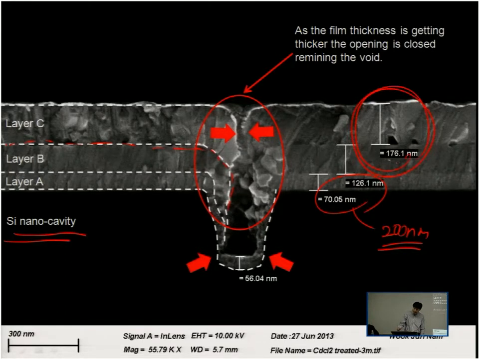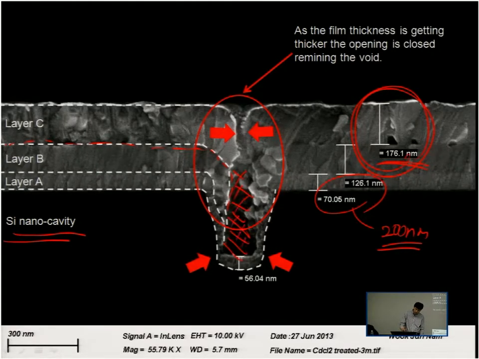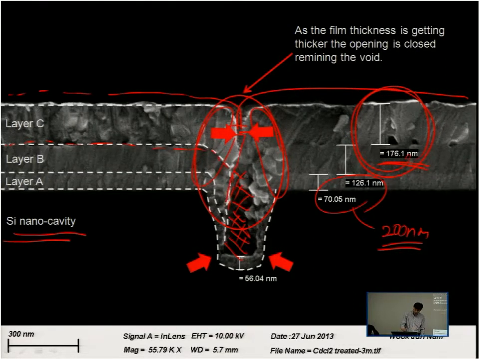If we add about 200 nanometers more film, instead of further filling these void structures, the film just accumulates in the openings, and eventually these openings are closed as we deposit thicker films, and this void can never be removed. So that's the biggest problem.